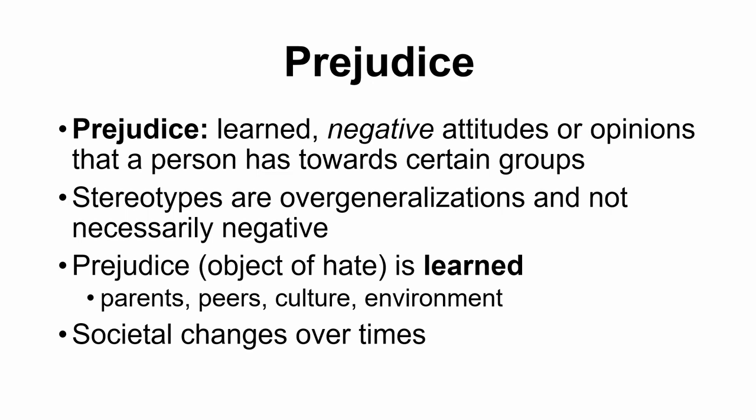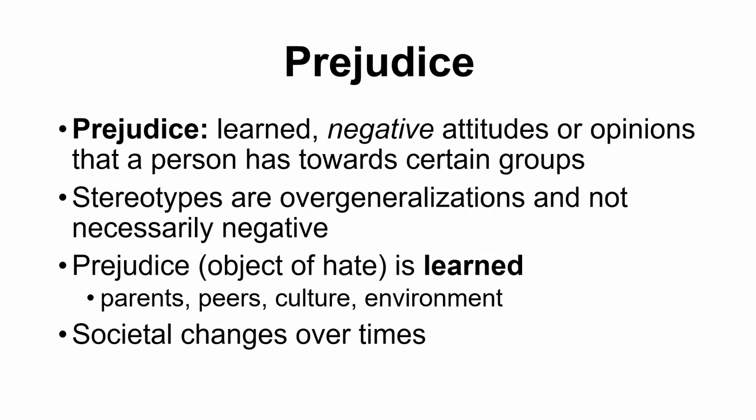This is something that we learn from watching others interact with that group or talk about that group. We're shaped pretty dramatically by the environment that we're raised in and the interactions that we observe as we grow and change. We also tend to see that these societal attitudes will change over time.